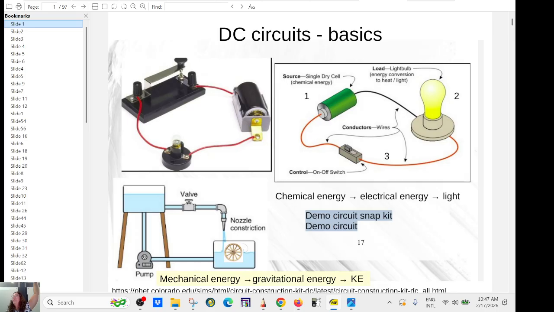Imagine you take a gallon of water and place it at a height. You have potential energy, and that potential energy is going to be delivered here.